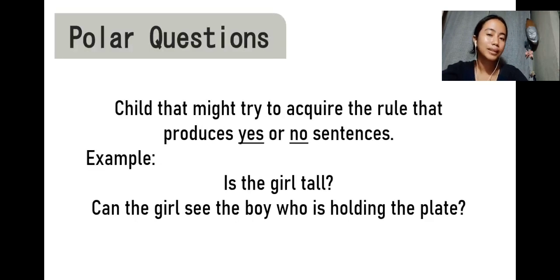Now, what are polar questions? A child might try to acquire the rule that produces yes or no questions. Example: is the girl tall? Or can the girl see the boy who is holding the plate?